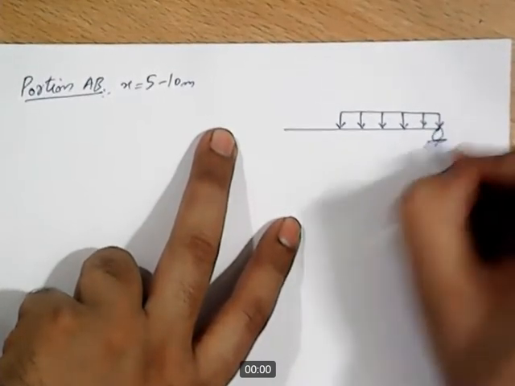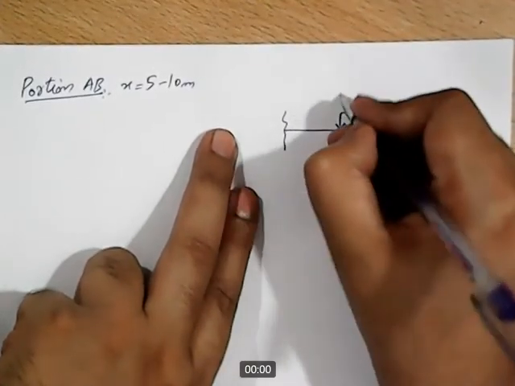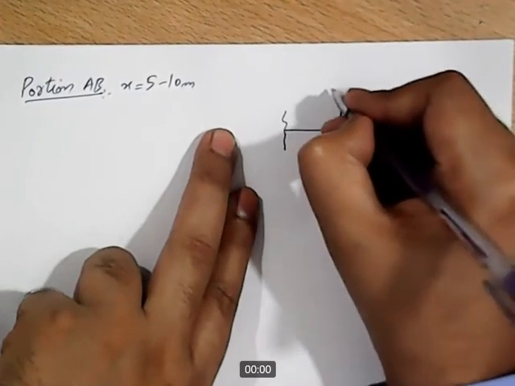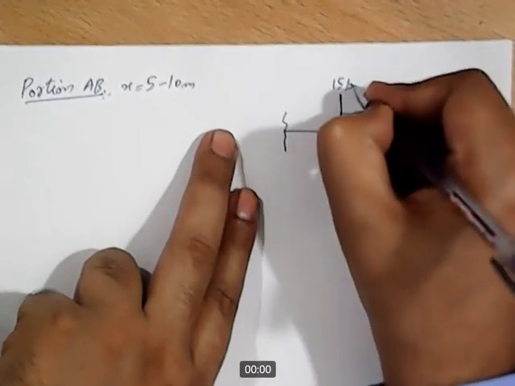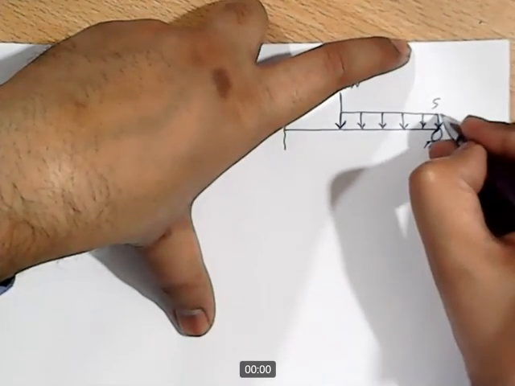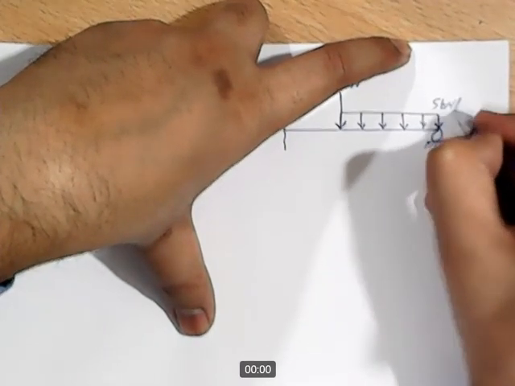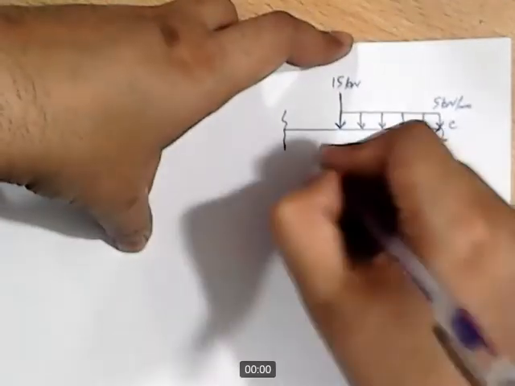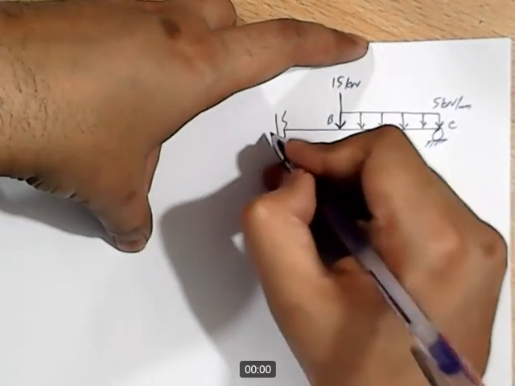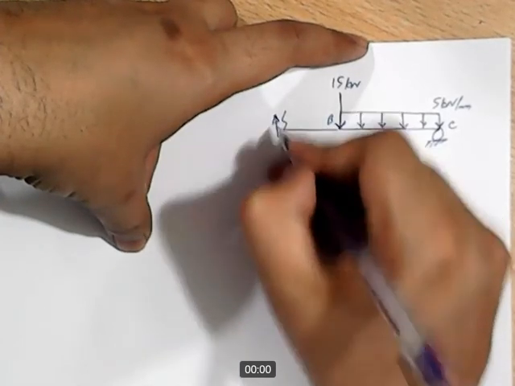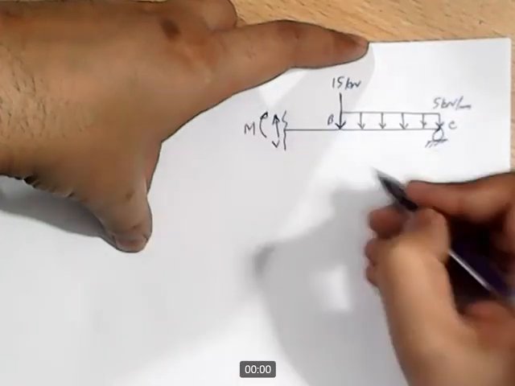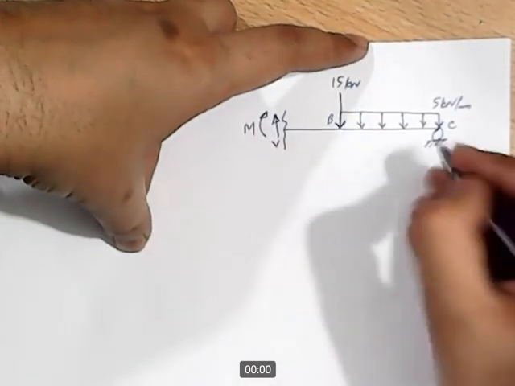Roller support is present here. Section is over here. This point load will also appear in this free body diagram, 15 kilonewton. Intensity of this UDL is 5 kilonewton per meter. This point is point C, this point is B, and the exposed forces are V in upward direction and M in clockwise direction.